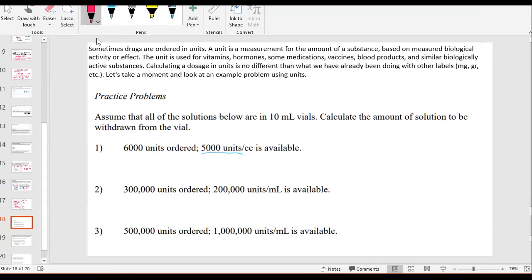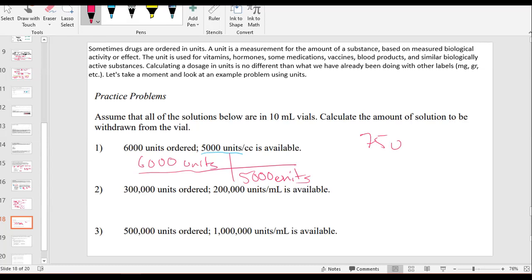So for this one, we have 6,000 units for a dose. Units over 5,000 units because we want to cancel the units. And always write units out. Don't just do U. Because if I give you a 7, is that 75 units or is that 750?